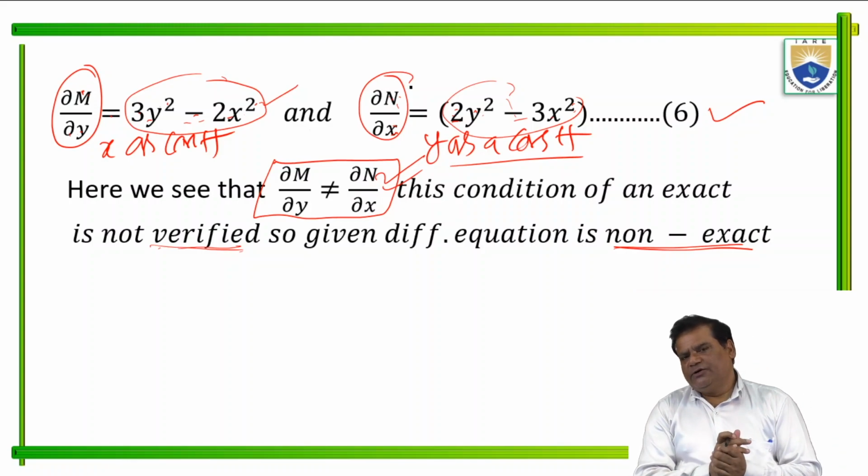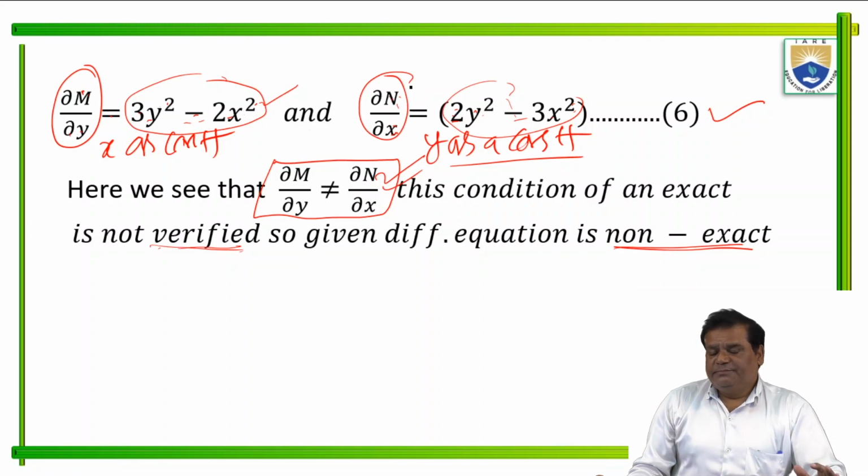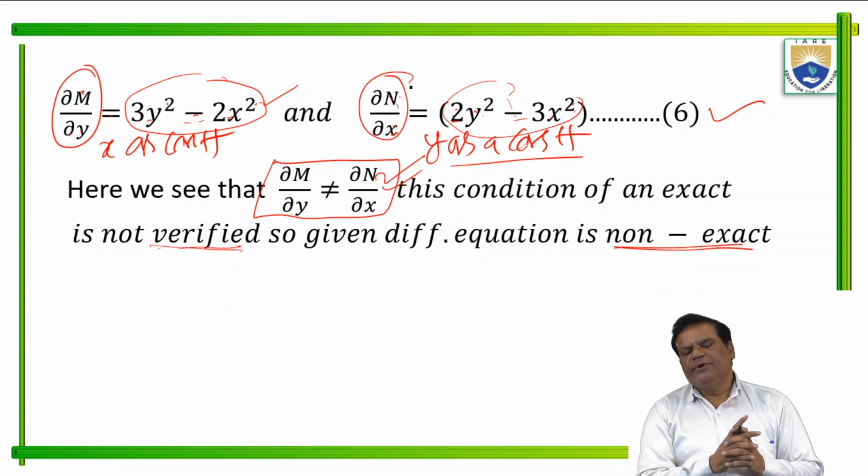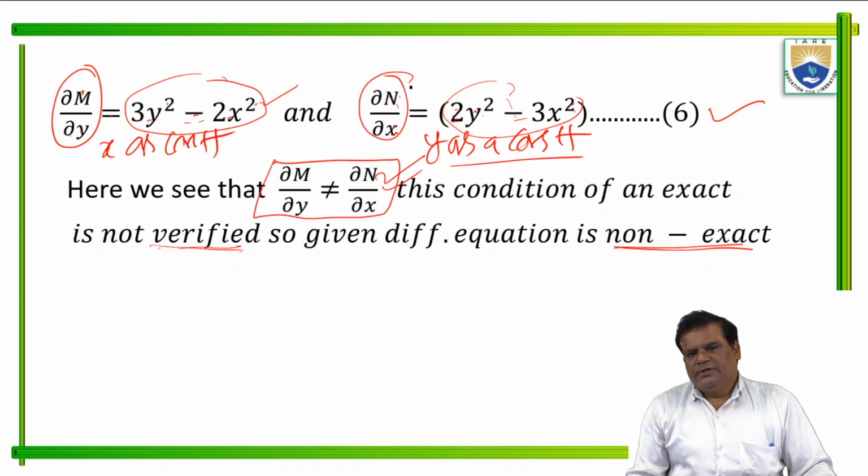If we have checked with the condition property of exactness and the differential equation is non-exact, then first we want to make the differential equation exact. So how can we make a differential equation exact? We consider some integrating factor, that is a function of x and y.